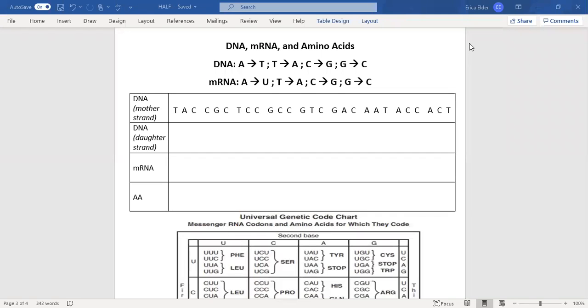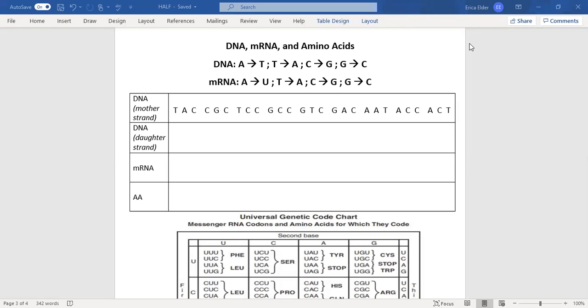All right, hello. We were going to take a look at DNA, messenger RNA, and amino acids. At the beginning here, you see the items that make up our strands of DNA and our strands of RNA, and these items code for our amino acids.